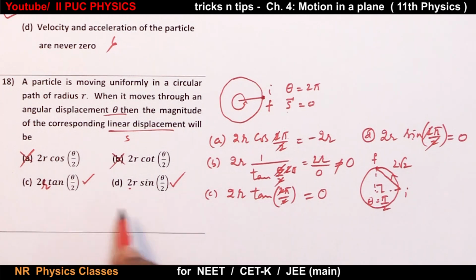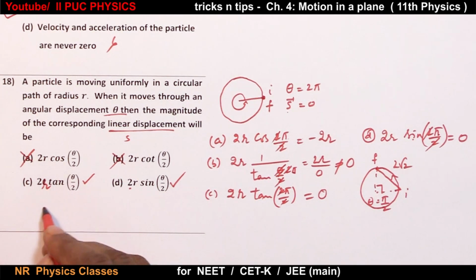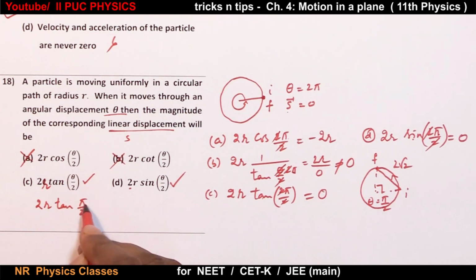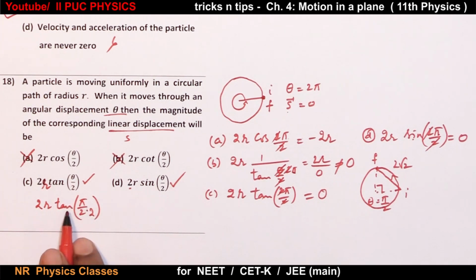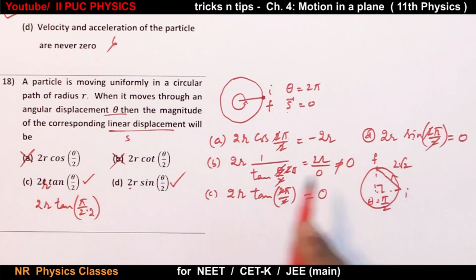Now here let me substitute pi by 2. 2r tan of pi by 2 by 2. What is tan pi by 4? Tan pi by 4 is 1. 1 into 2r is 2r. What we want is root 2 r. So this is not the option.